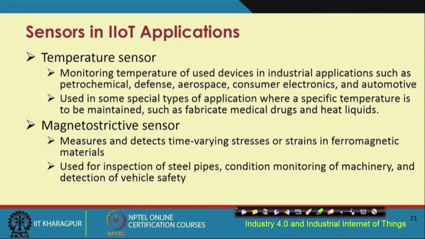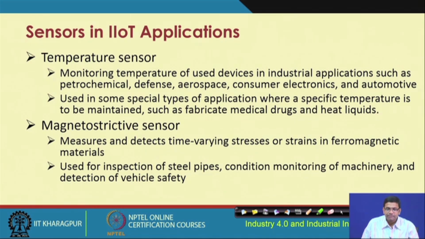Temperature sensors are used in industrial applications such as petrochemical, defense, aerospace, consumer electronics, automotive and so on, and these are very important. Pharmaceutical industries also use a lot of these temperature sensors for monitoring the temperature of liquids.